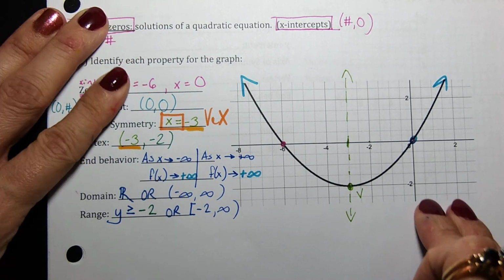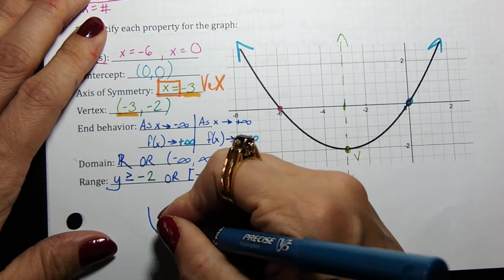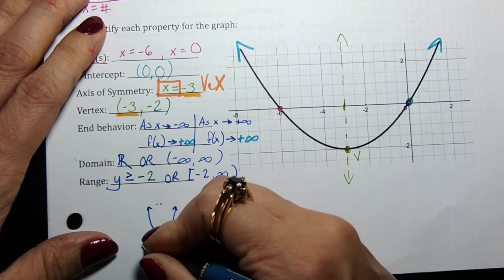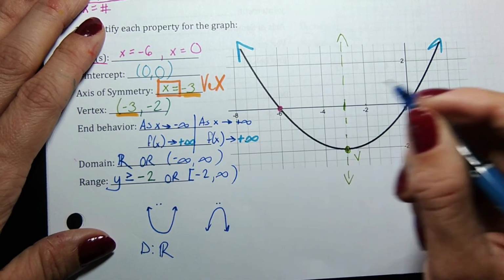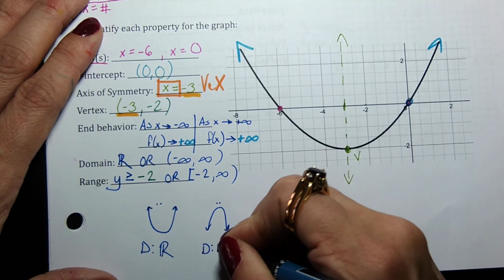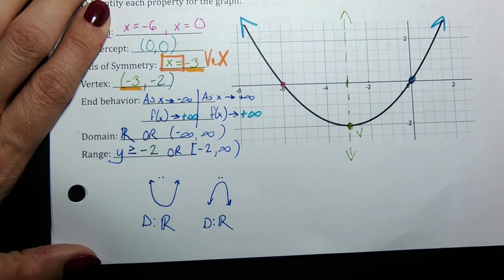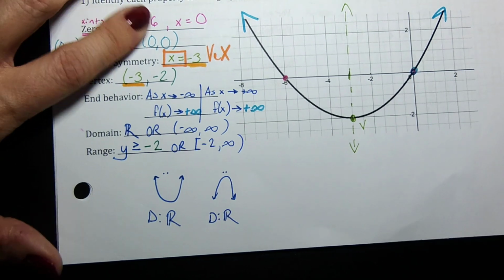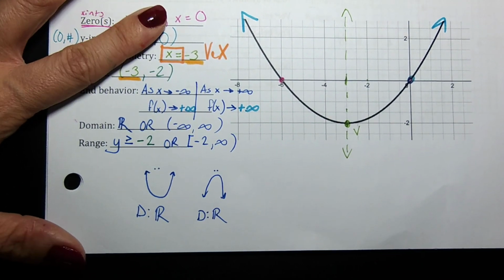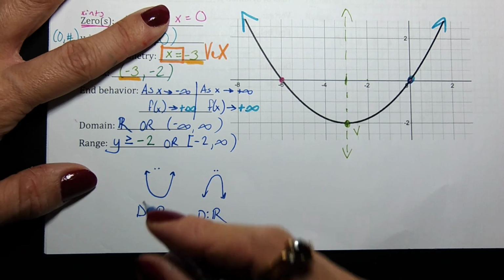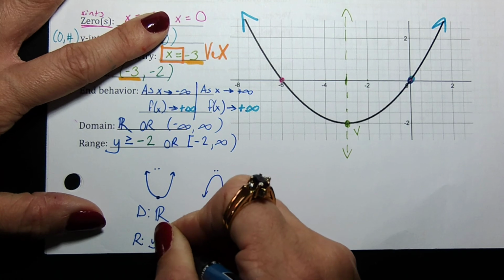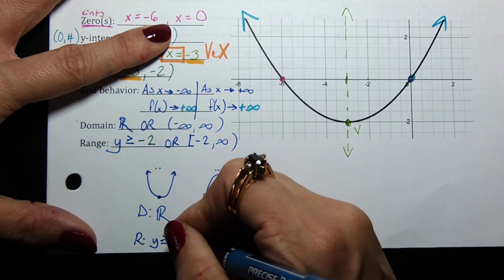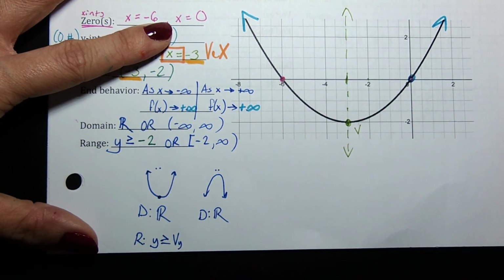So for all quadratics, your domain will always be all real numbers. So if it's a happy quadratic, domain is all real numbers. If it's a sad quadratic, the domain will be all real numbers. The range, however, is affected by the happy or sadness of the graph, whether it's a positive leading coefficient or a negative leading coefficient. If it is a happy graph, our range will be y greater than or equal to the y value of the vertex.